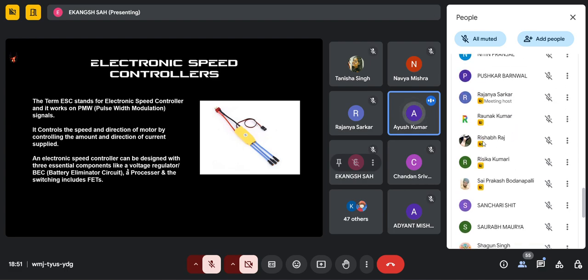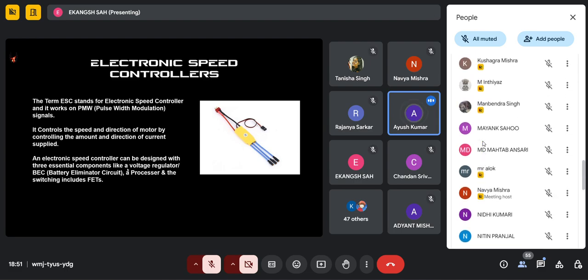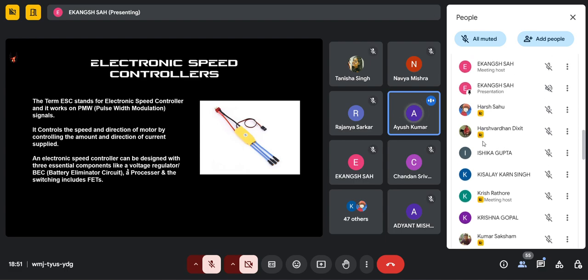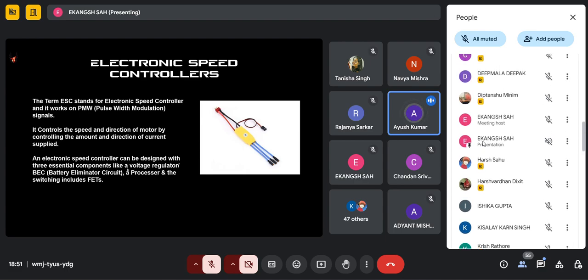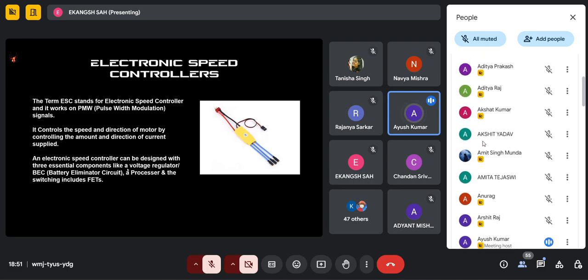Now comes the electronic speed controller. They work on the pulse width modulation signal and are used to control the speed and direction of the motors. It has a voltage regulator to eliminate any voltage spike effects. Then it has a battery eliminator circuit for eliminating the need of an extra battery for the microcontroller of the ESC.